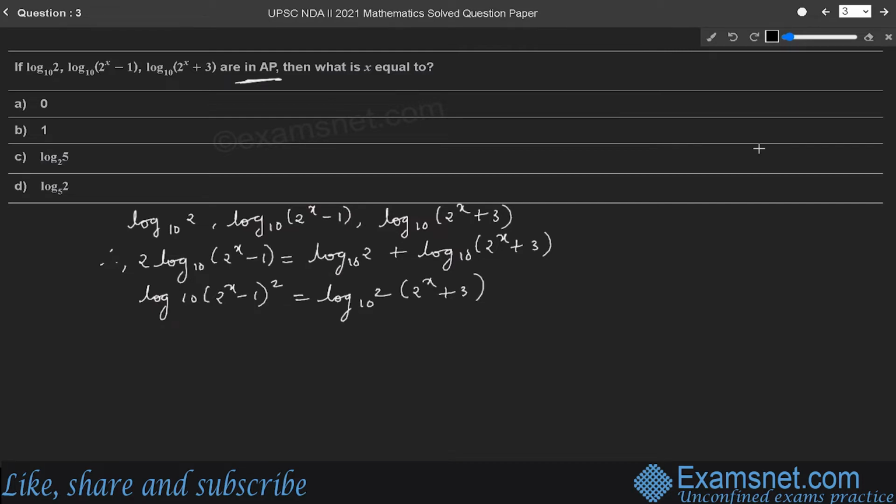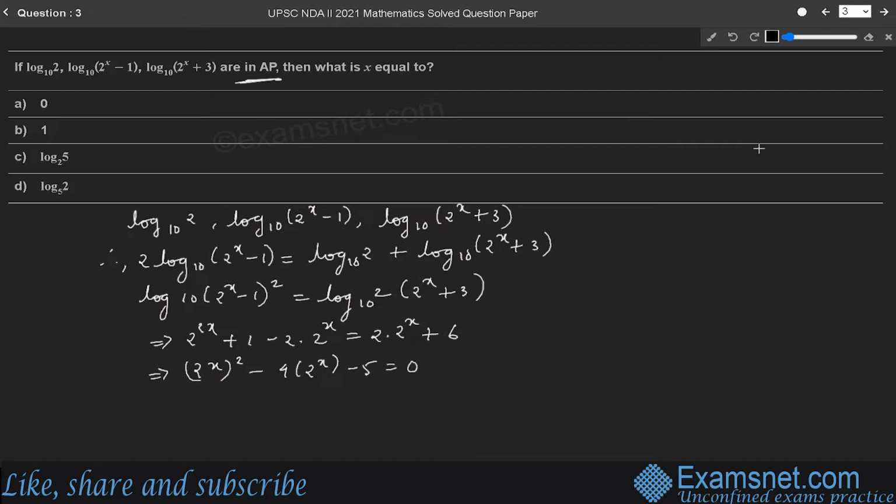On further solving, the remaining terms will be 2 to the power 2x plus 1 minus 2 into 2 to the power x is equal to 2 into 2 to the power x plus 6. So on further solving, it will be 2 to the power x whole square minus 4 into 2 to the power x minus 5 is equal to 0.